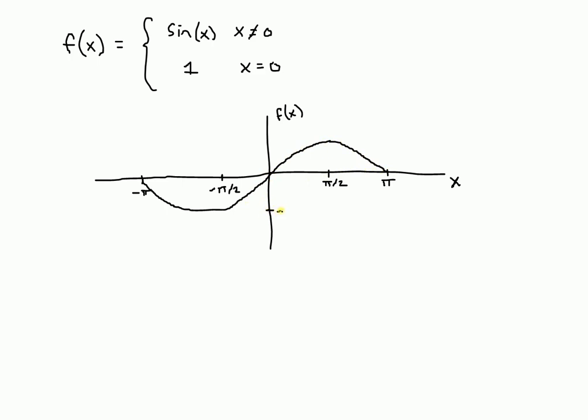Okay, so this is negative 1, this is positive 1, but at x equals 0, this is open. And at x equals 0, f of x is equal to positive 1. So just at that one point.